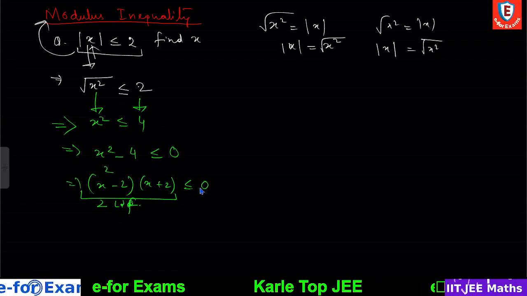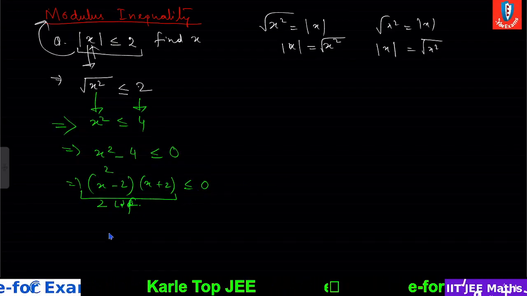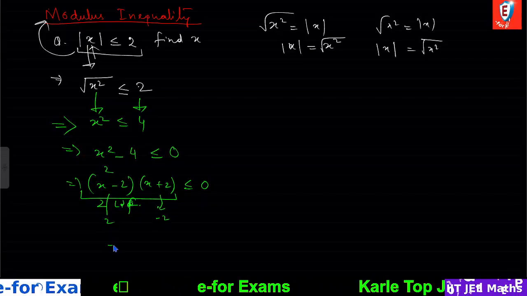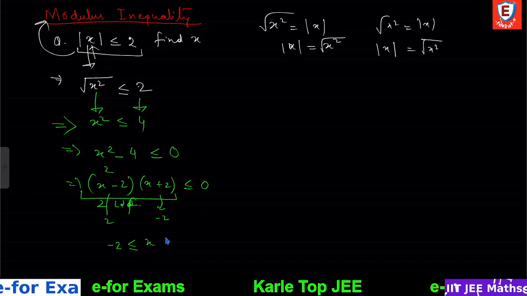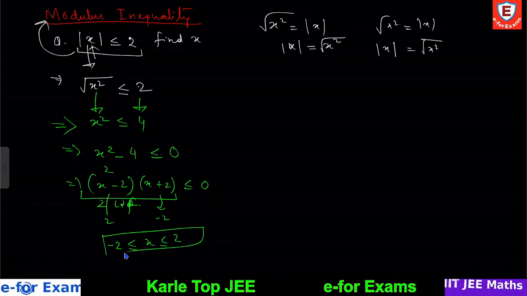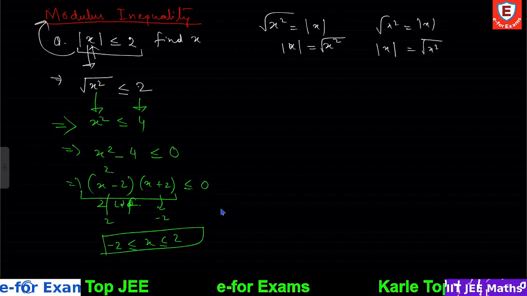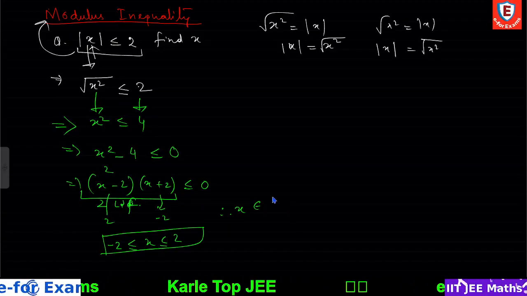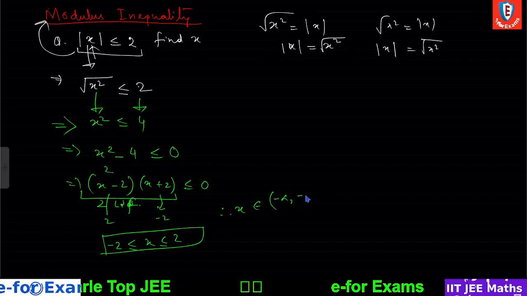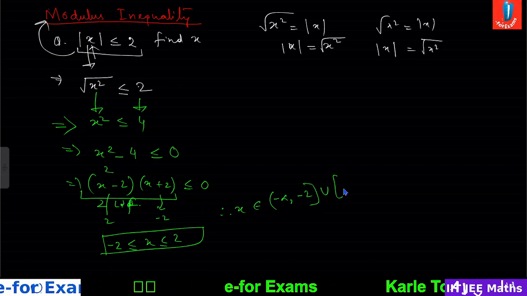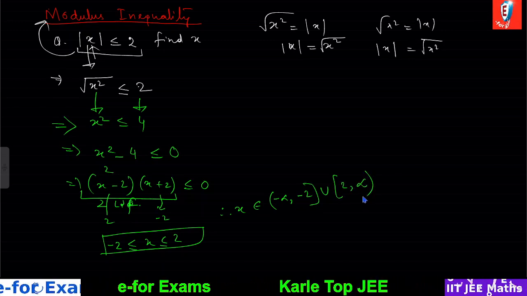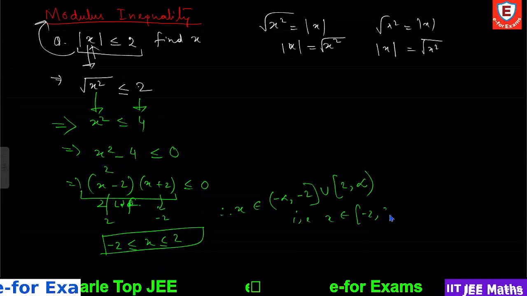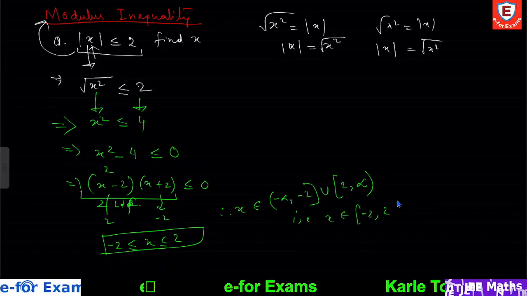So the arrow is towards the function. Here the critical point is 2, here the critical point is minus 2. So x will lie between minus 2 and 2. This is how we solve. That is, x belongs to... Oh, sorry.